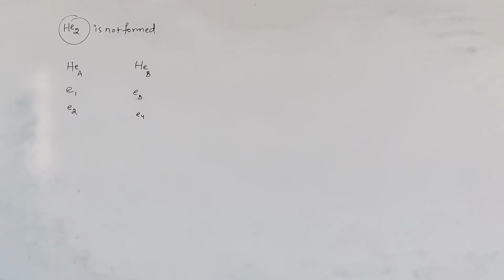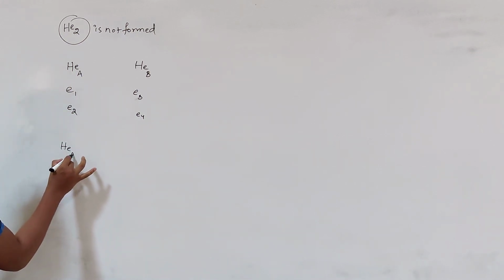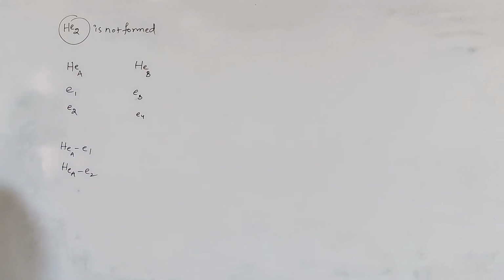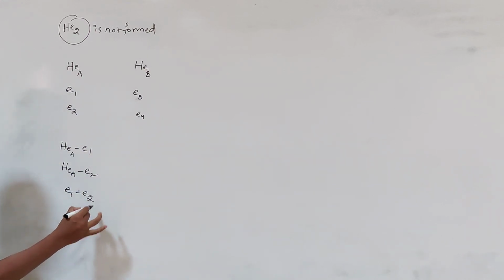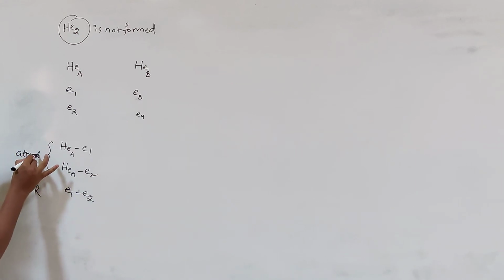Whenever these 2 atoms are away from each other, when there is no interaction between the 2 helium atoms, what are the attractive forces there? HeA-E1, HeA-E2. And what are the repulsive forces? That is E1 to E2. These two are attractive forces.